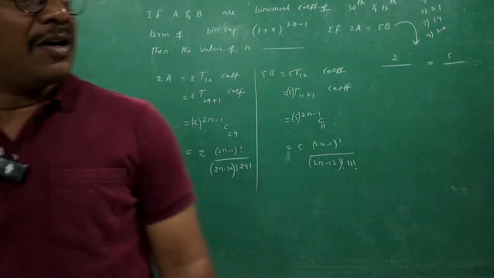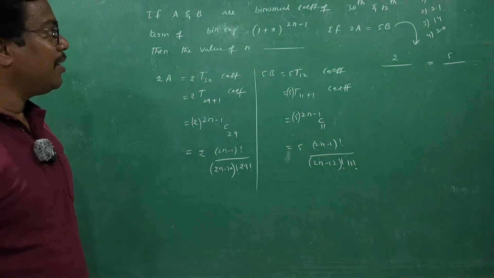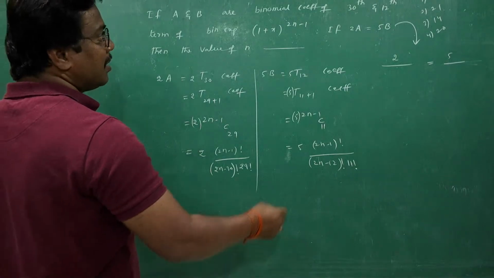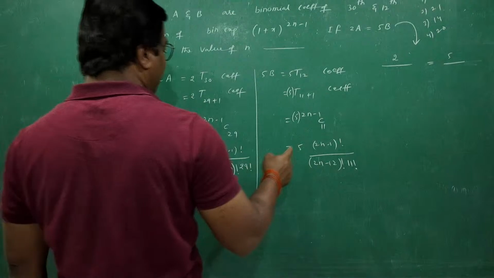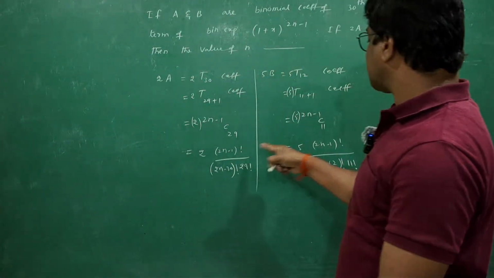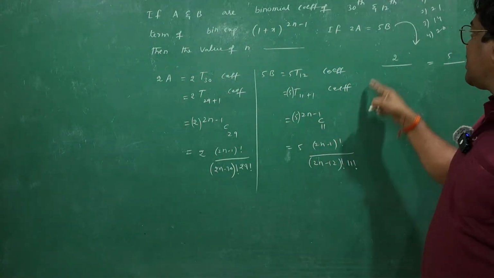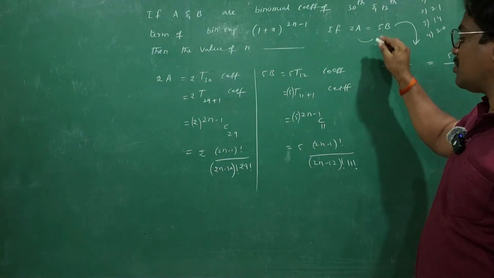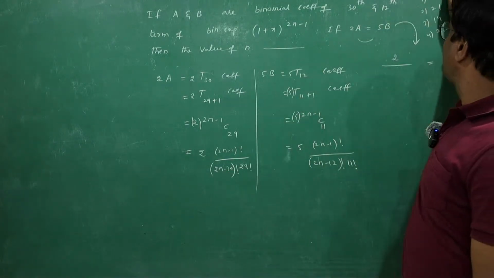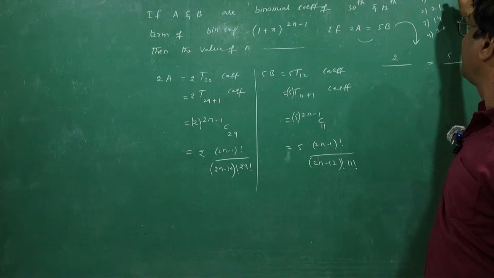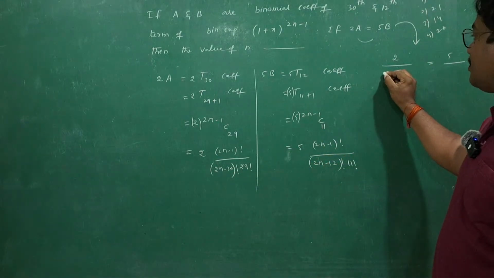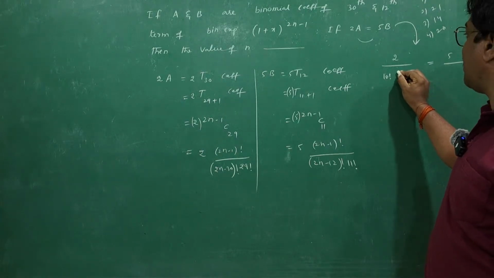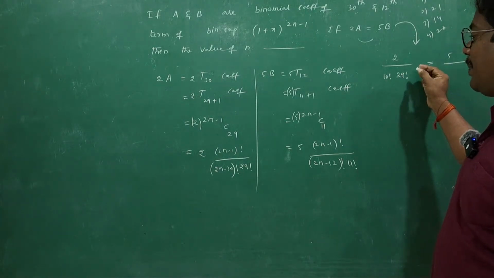When you write n value 20, what happens? First option I am going to cross check. Neglecting 2n minus 1 on both the sides, on equating these two, next writing n value, first option n equal to 20. What happens? Observe, 40 minus 30, that is 10 factorial and 29 factorial in the denominator part.